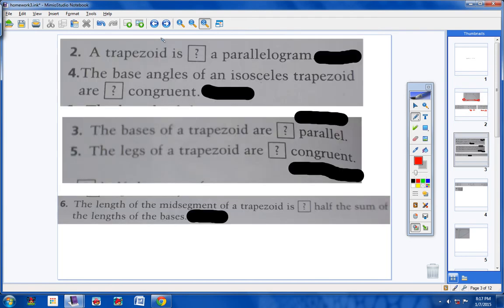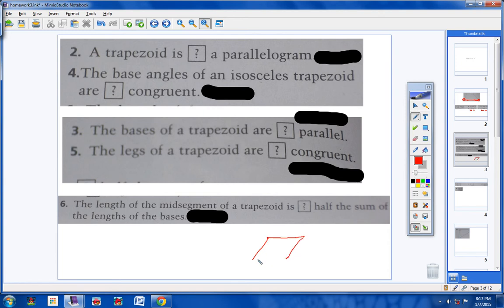Let's take a look at number 2. Numbers 2 through 6, the directions say to use the words always, sometimes, or never. So, a trapezoid is a parallelogram. Is that always true, sometimes true, or never? Well, guys, think about it. A parallelogram means you have two sets of parallel sides.